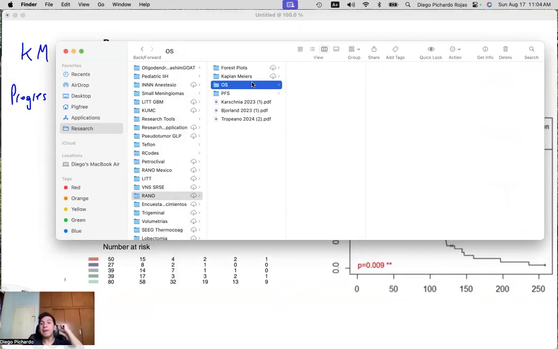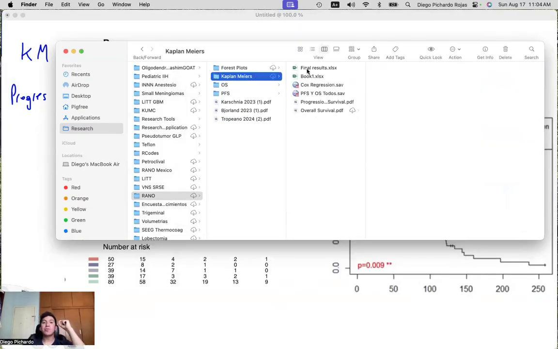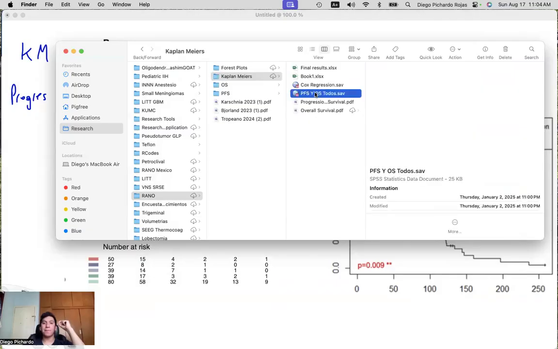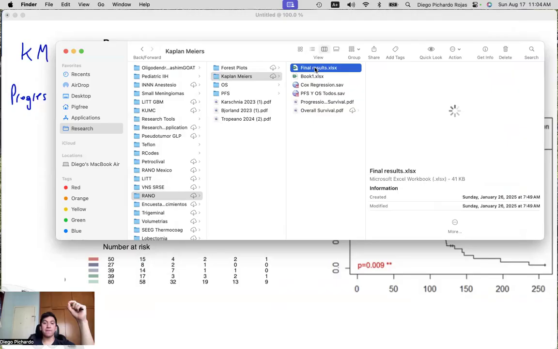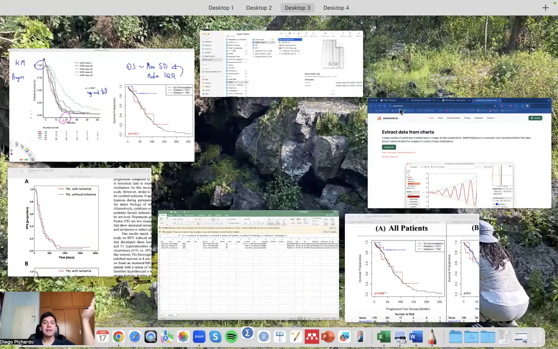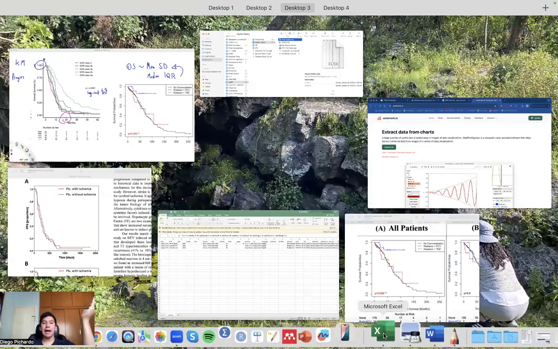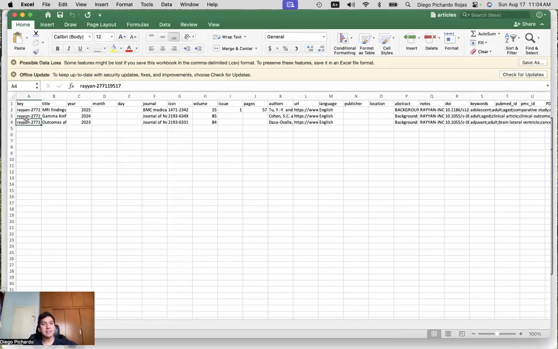No. We figured out a method to extract all the data points from these specific studies. And imagine that each study had like 300 patients. At the end, we finished and made an Excel spreadsheet.